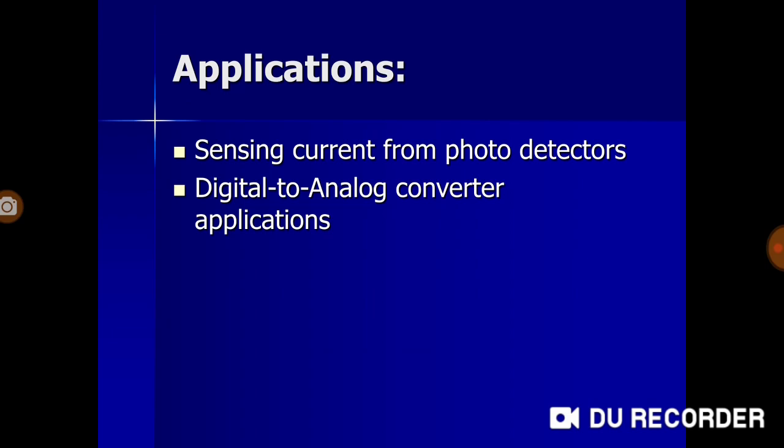Another is digital to analog converter applications, that is DACs. There again, signal currents are required to be converted into the analogous voltages. So normally DACs use this kind of current to voltage converters. These are the standard two applications of current to voltage converters.